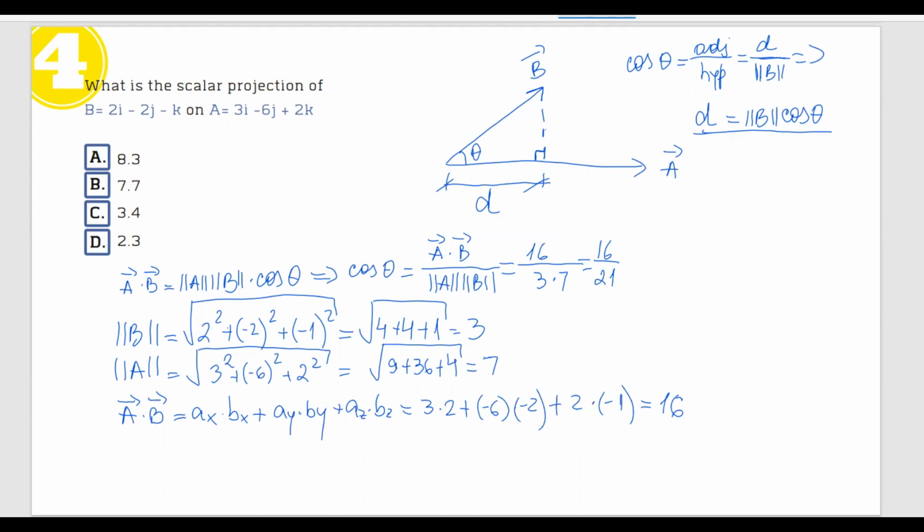And this is equal to 0.76. So we know now that cosine of theta equals 0.76. And now we can go back here to this formula and calculate D.